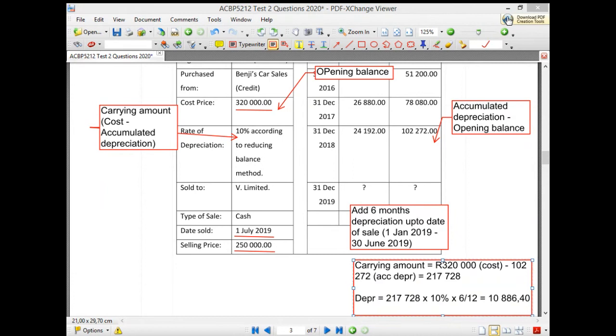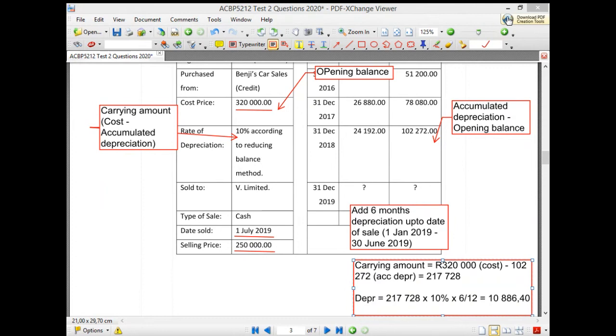So we remove it and take it to the asset disposal account. So that is step one. Okay, so I've made a number 1 there to show you step 1. So you remove it out of the vehicles account and place it into the asset disposal account. Okay, so that is the 320.